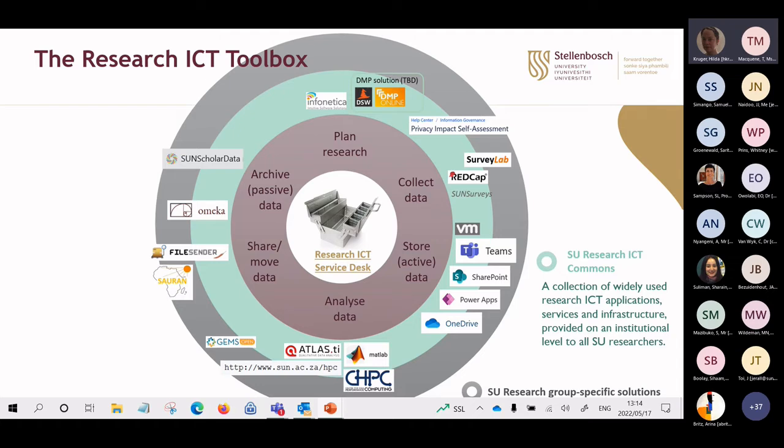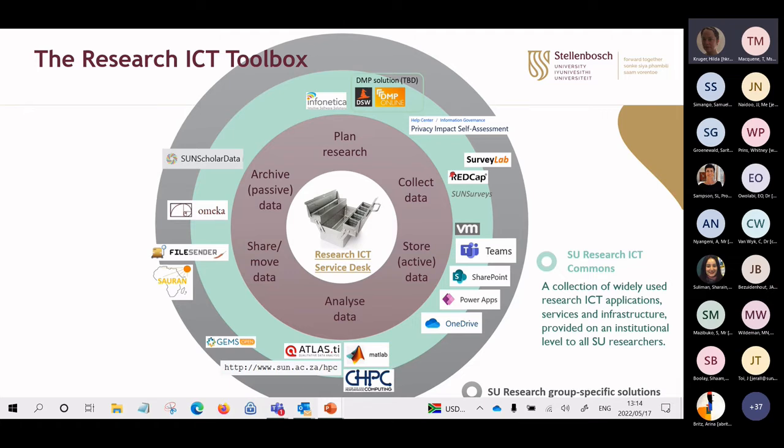So the green donuts in the middle are some of the solutions we have in the commons, and then the outer donut are those solutions that are research group specific. So what we call our specialisms, our highly specialized applications, things like GEMS or SAURAN, or the CEF cluster we're building for Tygerberg, in collaboration with the team there.